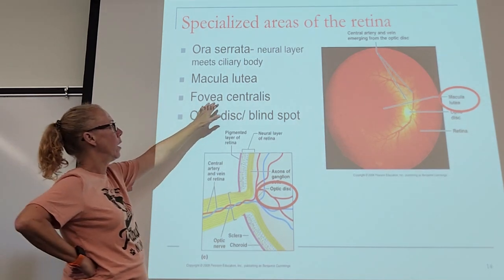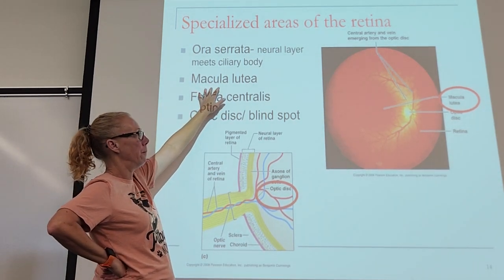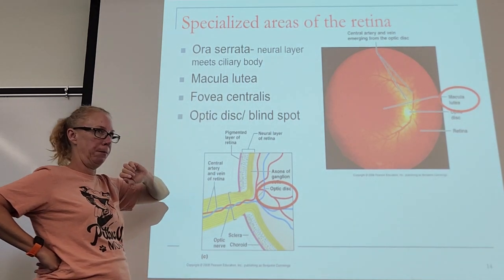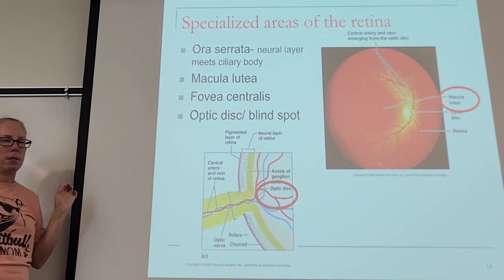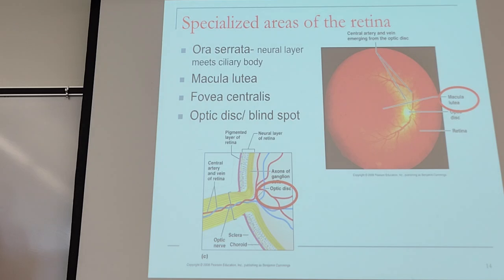So the fovea centralis is found in a region of the eye called the macula lutea. People, as they get older, may experience macular degeneration, and that can affect the acuity of their vision. That's pretty much it from here.